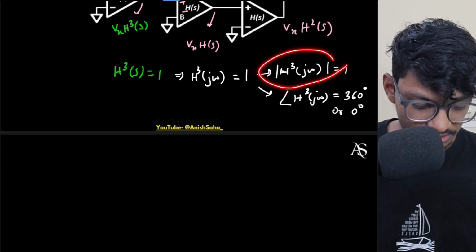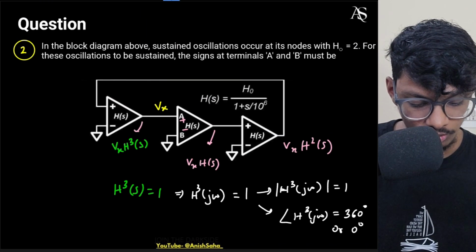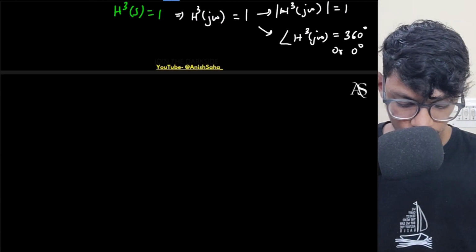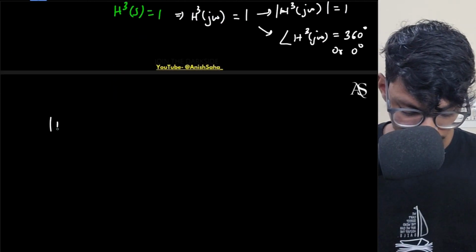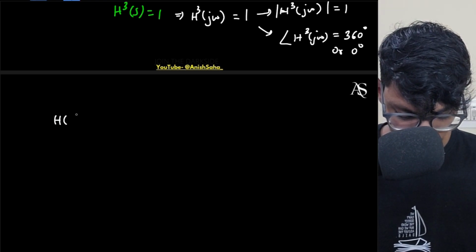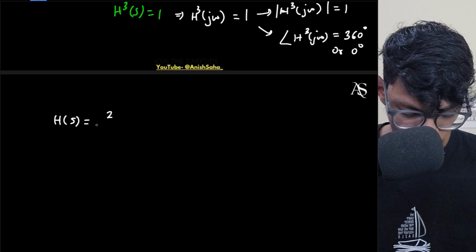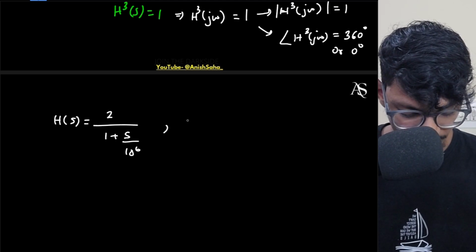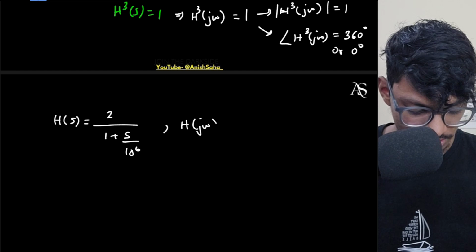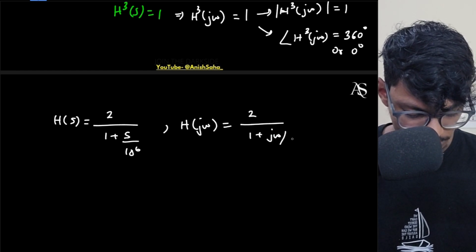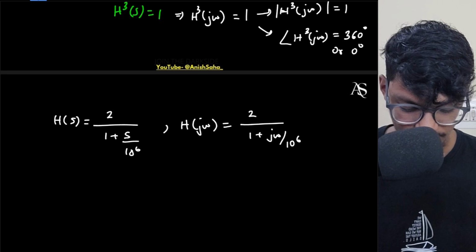So first I will go with the magnitude condition because they haven't told me at what frequency I am working in. So I have to identify the frequency. I have told you what my H of s is. H of s is 2 by 1 plus s over 10 raised to power 6. If I want to convert this into frequency response, H of j omega will be 2 by 1 plus j omega over 10 raised to power 6.